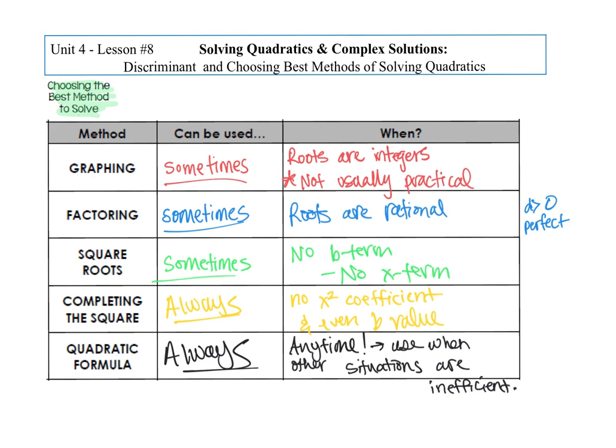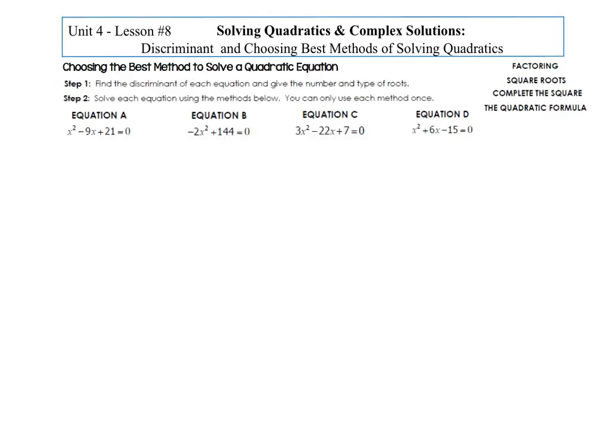Okay, so on the rest of these notes and examples, we will talk about how to apply the discriminant and use it to pick which method would be the most efficient. So here we go. Now we have here on the back side of your notes equations A, B, C, and D. And what we're supposed to do in step 1 is find the discriminant of each equation and give the number and type of roots.